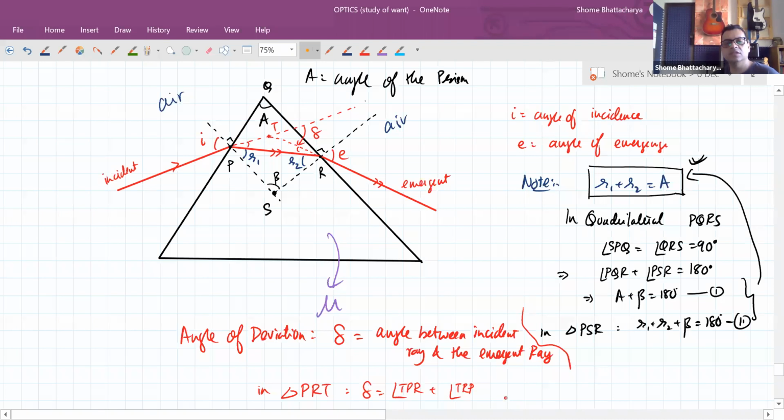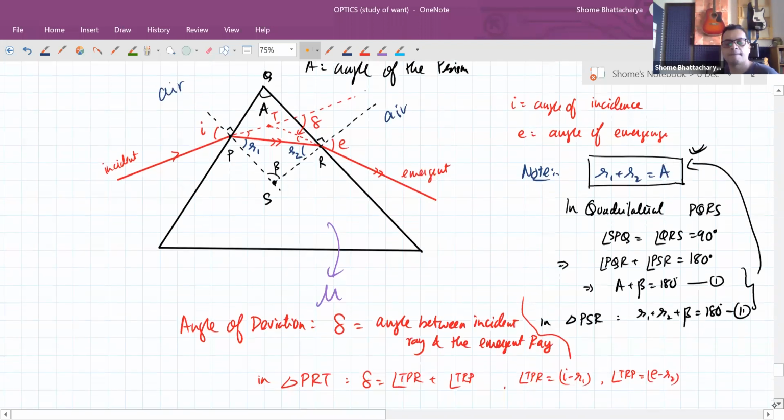Now you can see in the diagram that angle TPR is nothing but I minus R1. And angle TRP is nothing but E minus R2. So geometrically it's evident. This whole angle is this much.